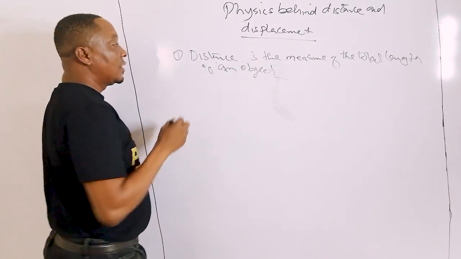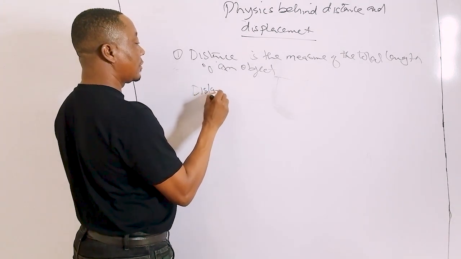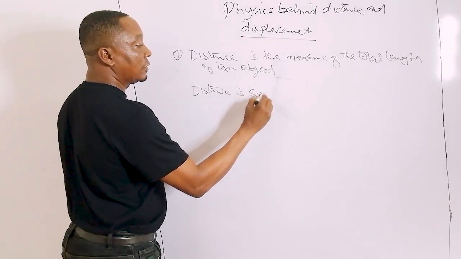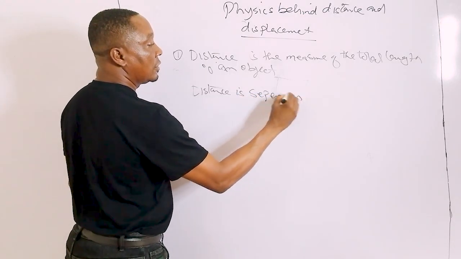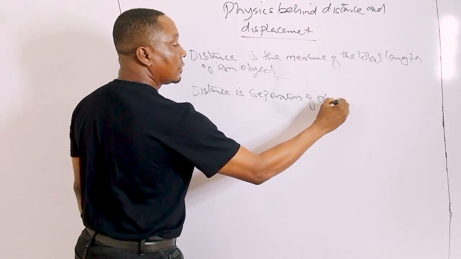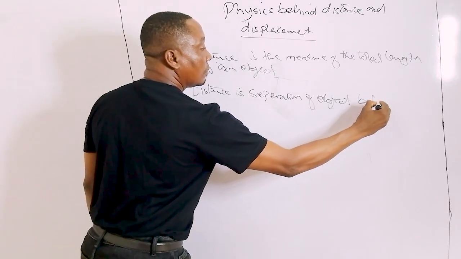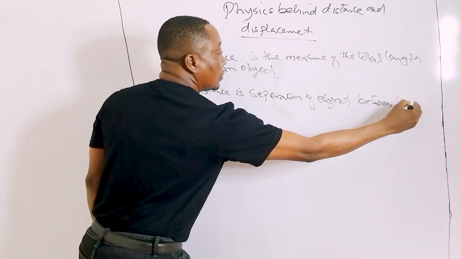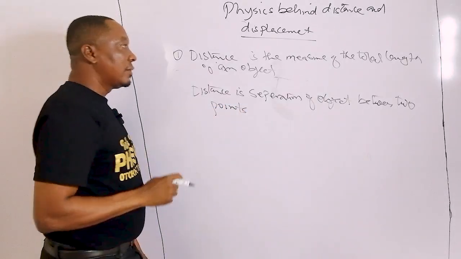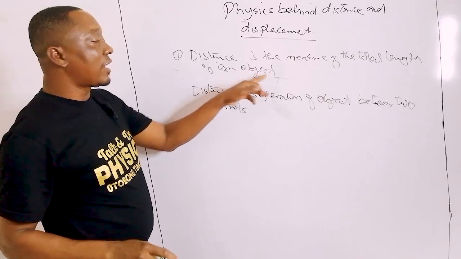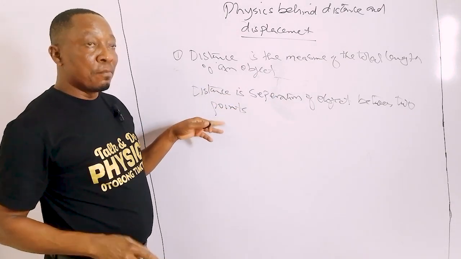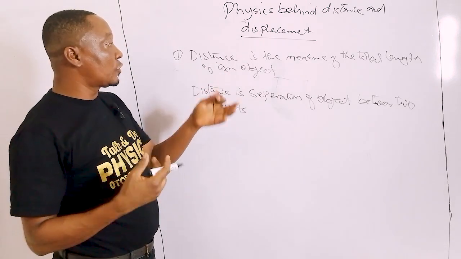Or we can also say distance is the separation of objects between two points. Distance is a measure of the total length of an object. Distance is the separation of an object between two points. We already said distance is the total length.